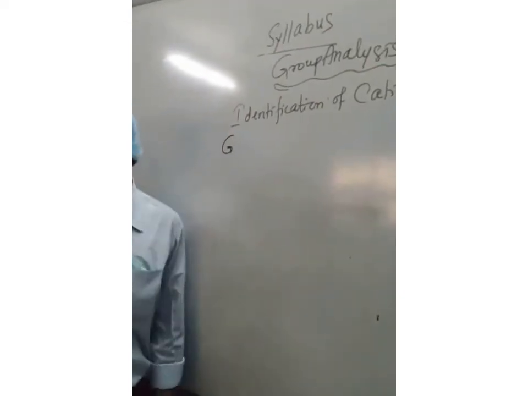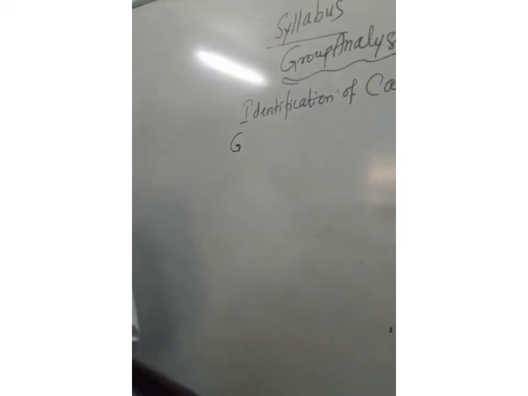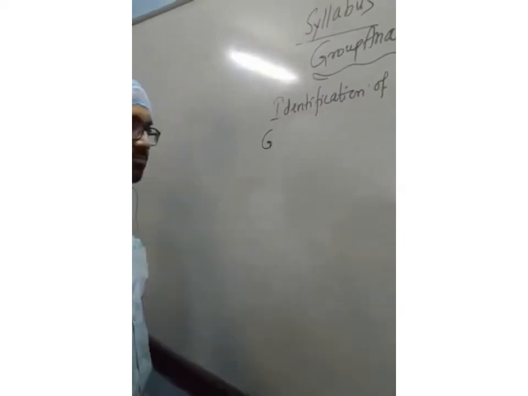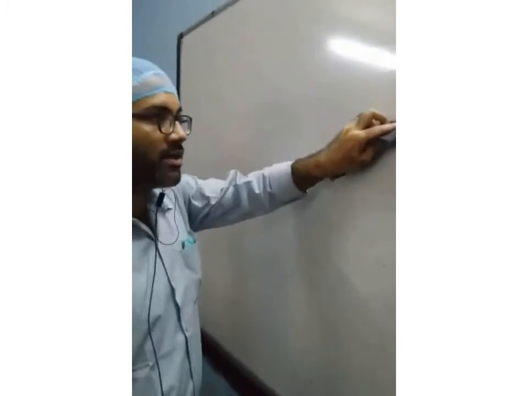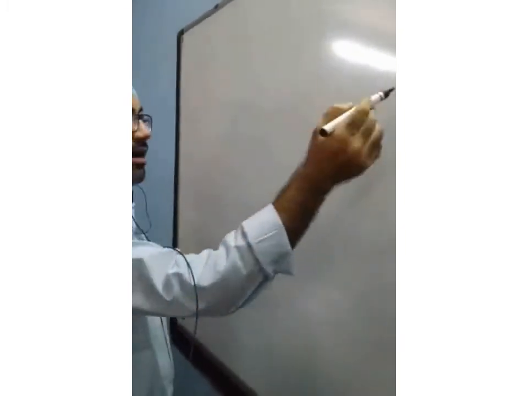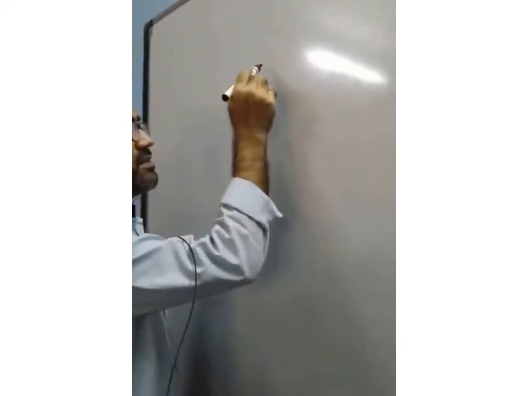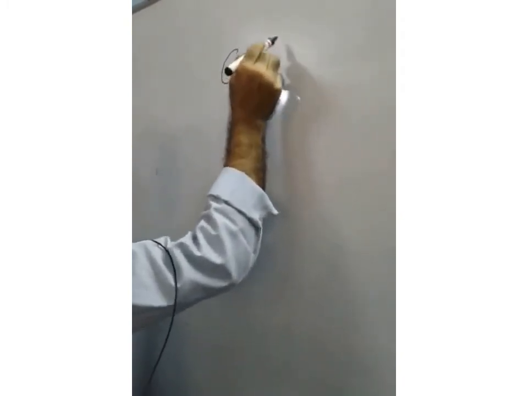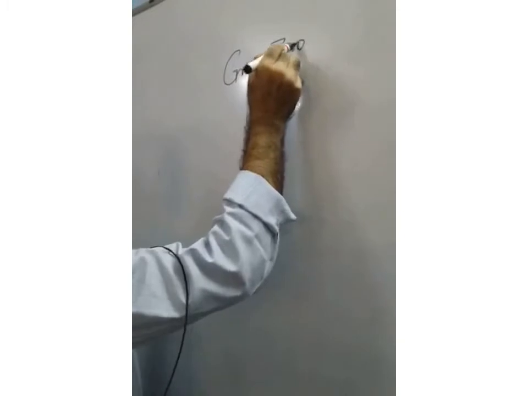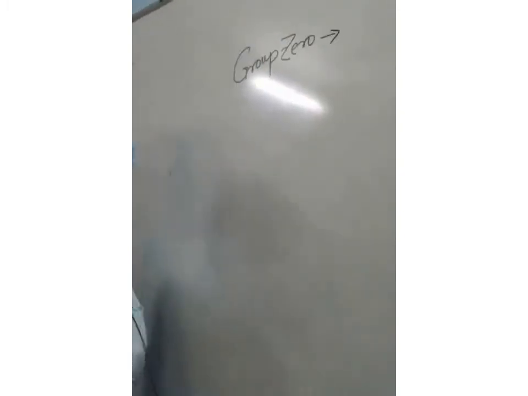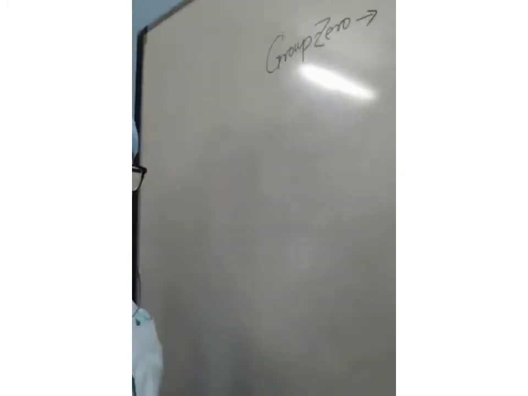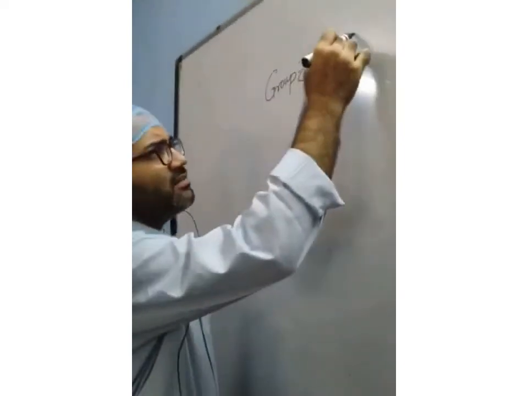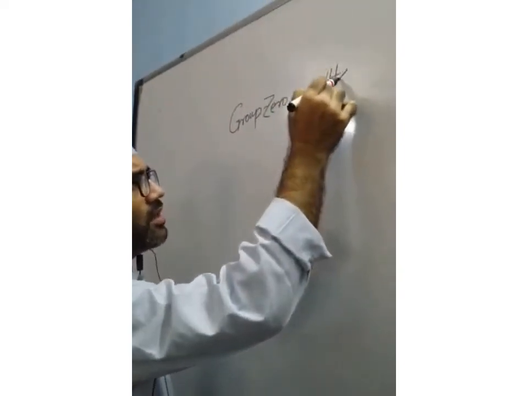I'm going to shift slightly to my left, so I'll not write over here, and it will be better to understand for you all. The first group is group 0. Which cation do we have in group 0?